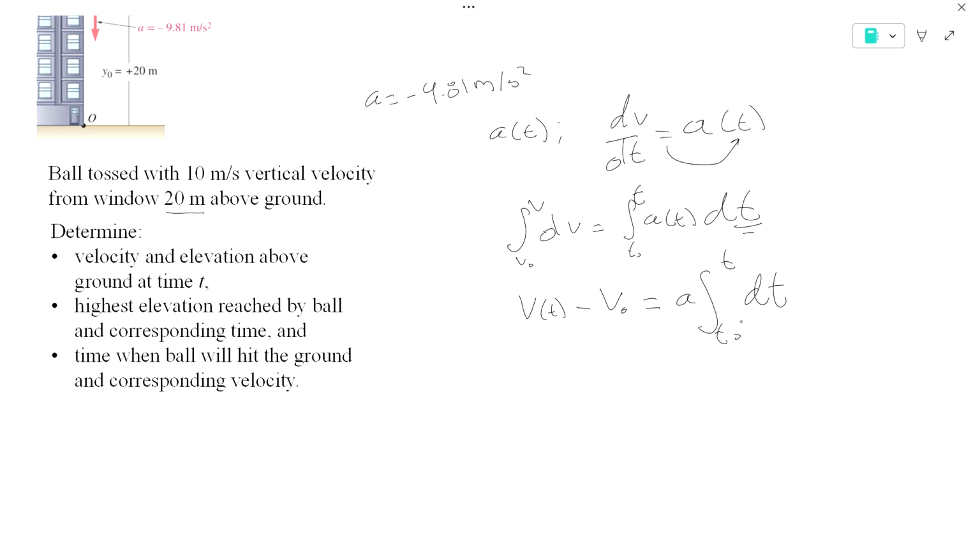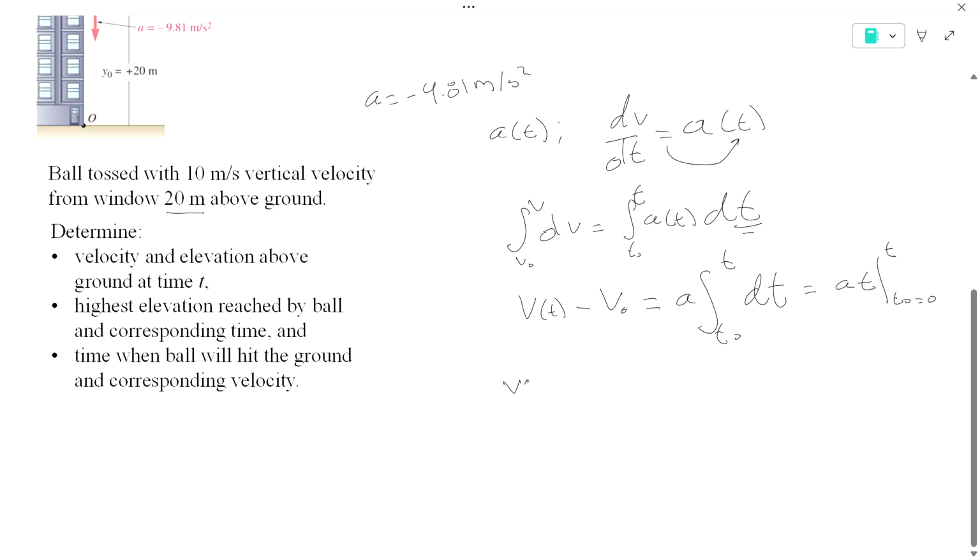So all this is equal to a t from t0 to t. Okay, and t0 would be time equals 0, or could also be a different time that we're interested in. I guess at this time we can just say that this is 0.